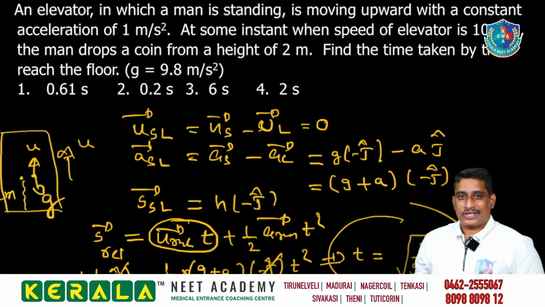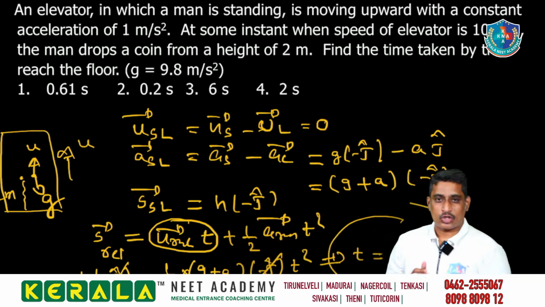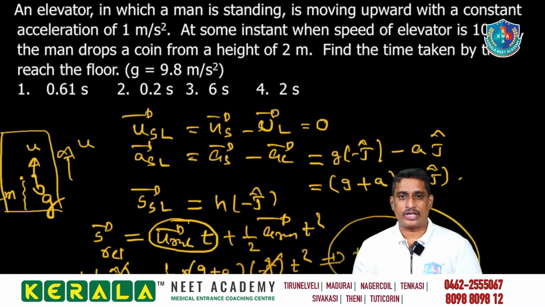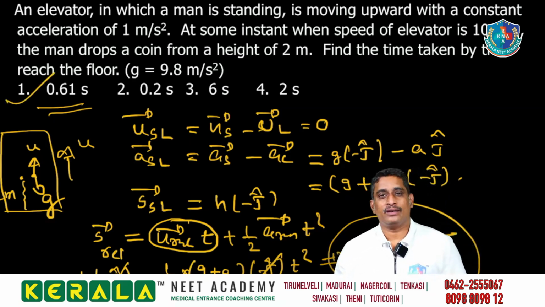H value they have given, g value we know, and a value also they have given in the question. By substituting all these values, you can simplify this. It will come out to be nearly 0.61 seconds.